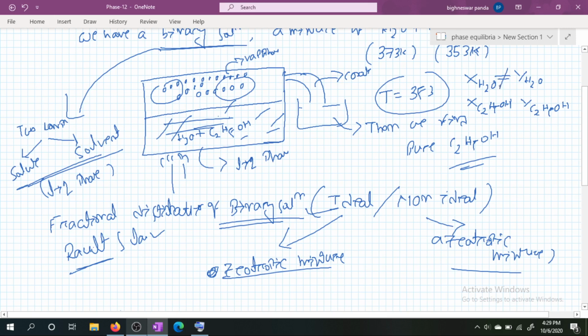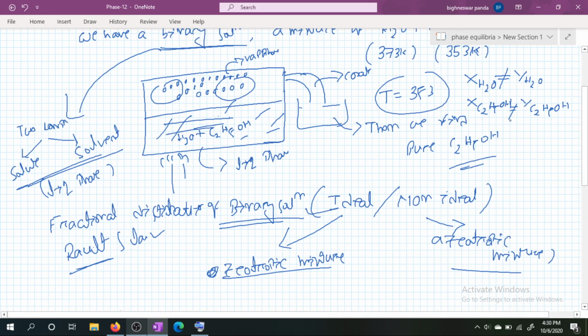Fractional distillation is possible when XH2O is not equal to YH2O or XC2H5OH is not equal to YC2H5OH. That means the mole fraction of a component in the vapor phase should not be equal to its mole fraction in the liquid phase. Then only is fractional distillation possible.